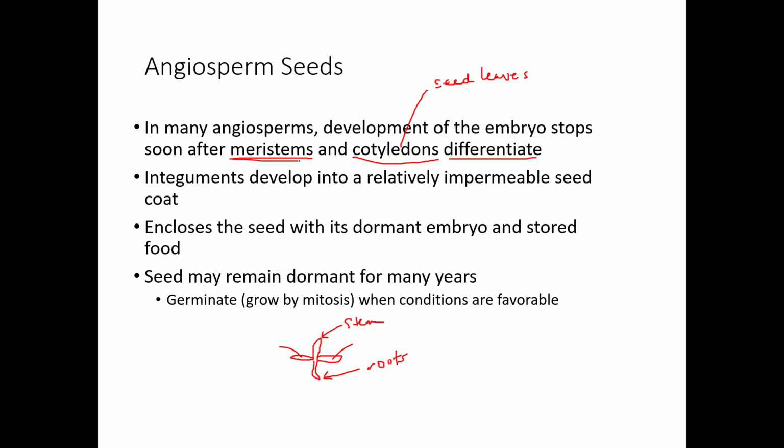And then you have the little seed leaves. Integuments are just tissues or structures that create the seed coat. Integuments are usually covering a surface, and the embryo becomes dormant, and it has the endosperm with it, and it doesn't dry out, or at least not very quickly, and it can remain dormant for years.